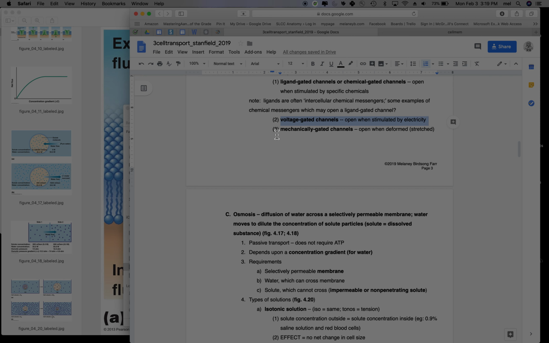And then the last type of channel we don't really run into this semester. They're kind of interesting. They're not super common all over the body. They're called mechanically gated channels. And these open when you stretch or squish the cell. You find them in ligaments and tendons, and they help with what we call proprioception, which means that if I wake up and it's pitch dark and my hand is near my face, how can I tell that my hand is near my face?